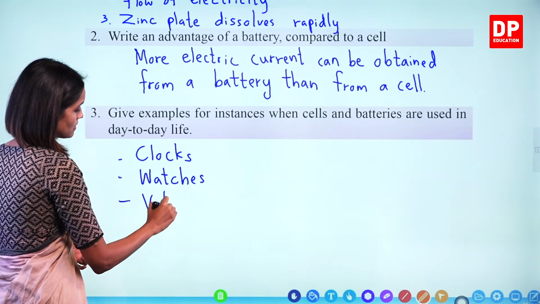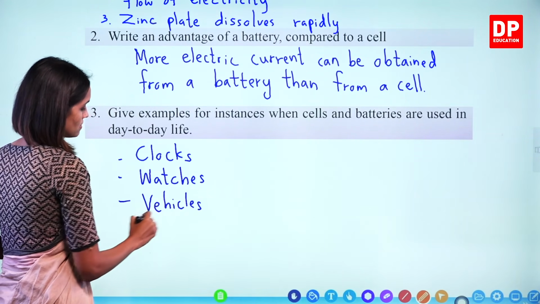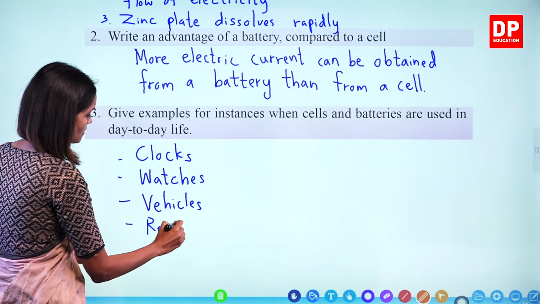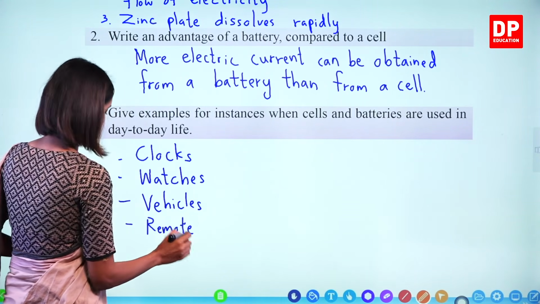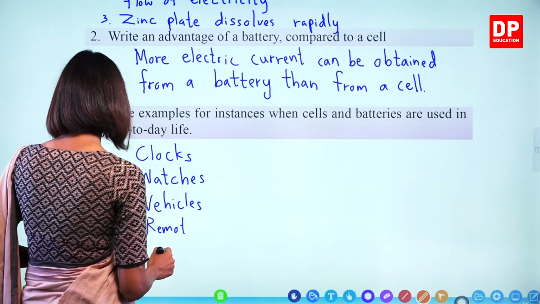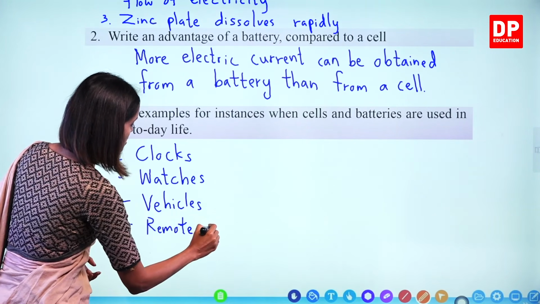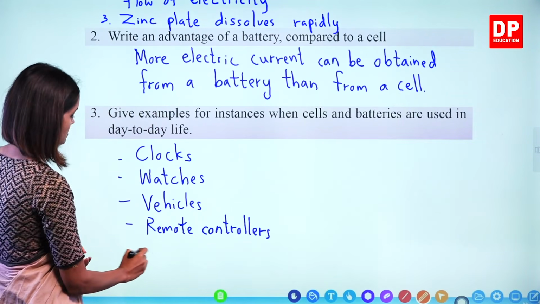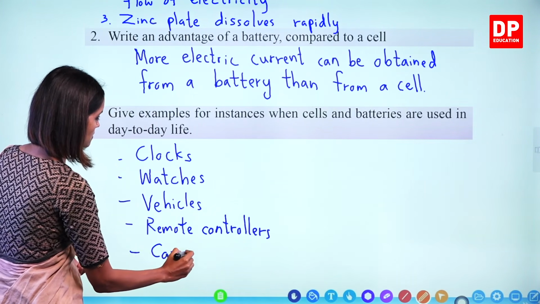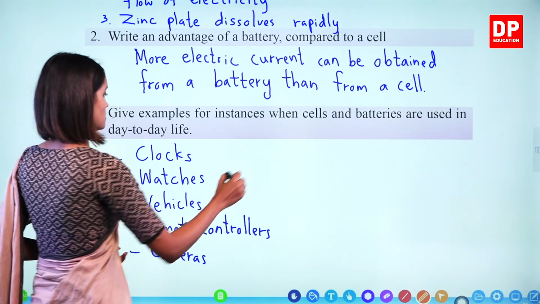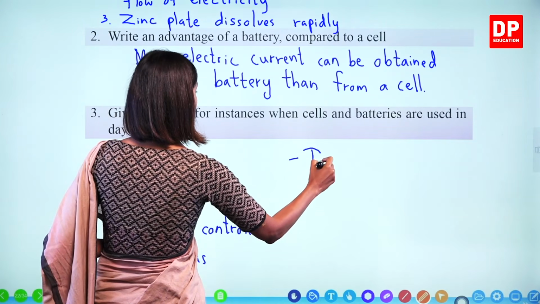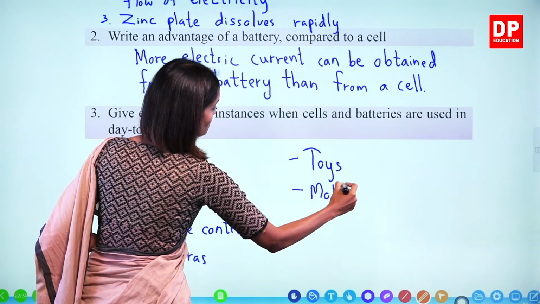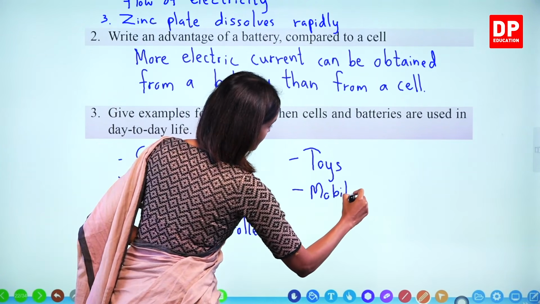Vehicles, in remote controllers. What are the other instances? Cameras, in toys, mobile phones, etc. You can write many examples as you like.